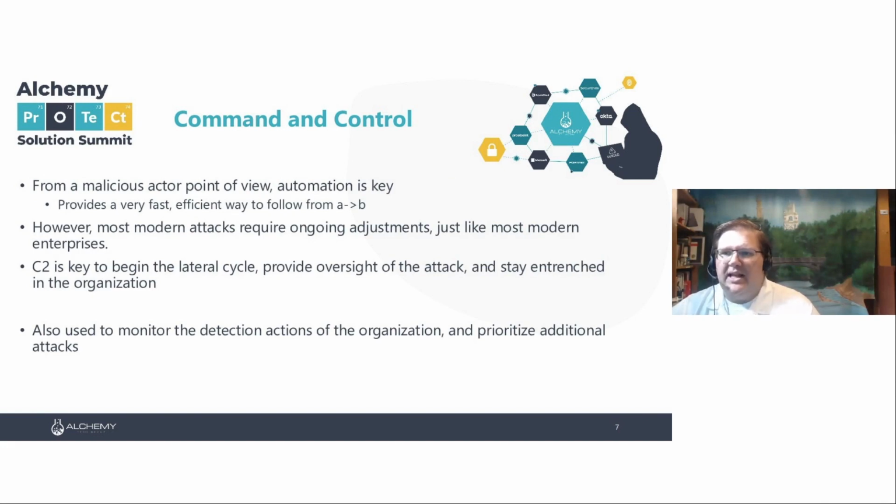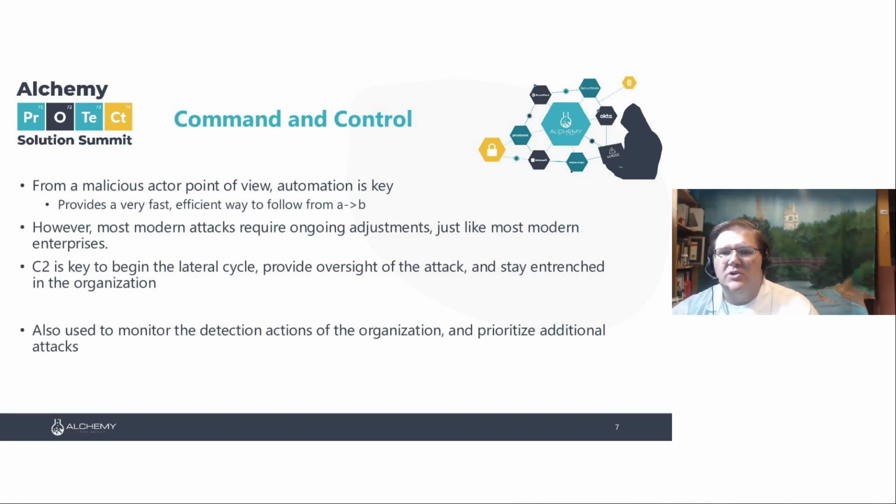The next to last part in the kill chain is command and control. And just like enterprises, automation is key. We can run automated attacks that are self-governing, self-controlled, and provide a very fast, efficient way to get from point A to point B. But there are going to be hiccups along the way. A lot of modern hacks require adjustment. They require that command and control, that oversight, those course corrections as we go, just like modern enterprises.